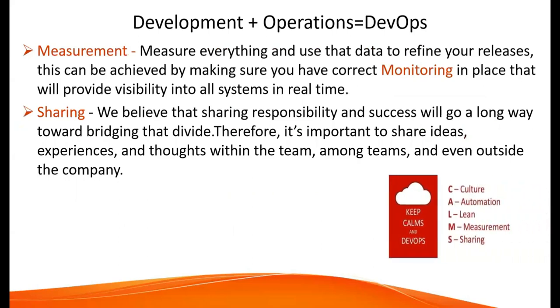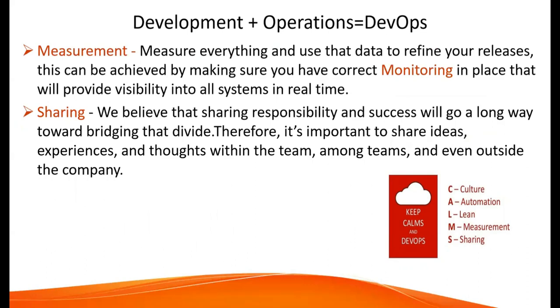Moving to the next one, measurement. Measure everything and use that data to refine your releases. This can be achieved by making sure you have correct monitoring in place that will provide visibility into all systems in real time. How can you measure what you have released in production?